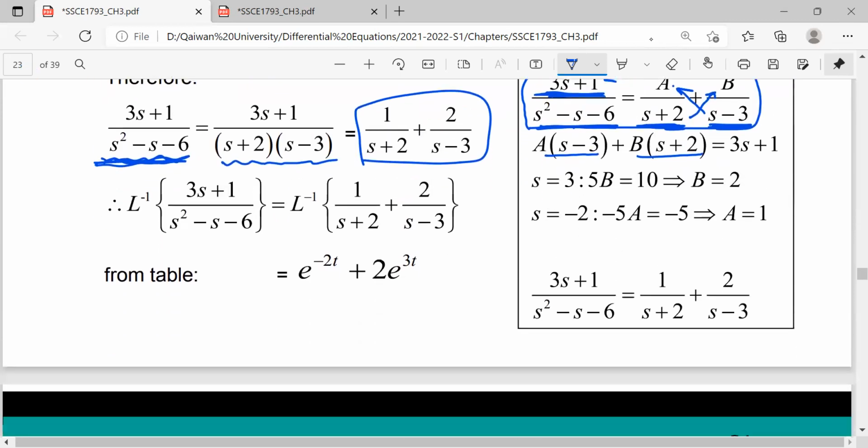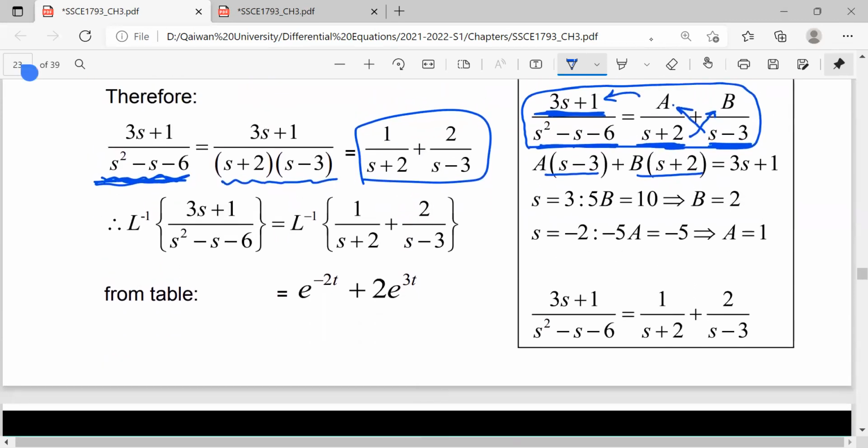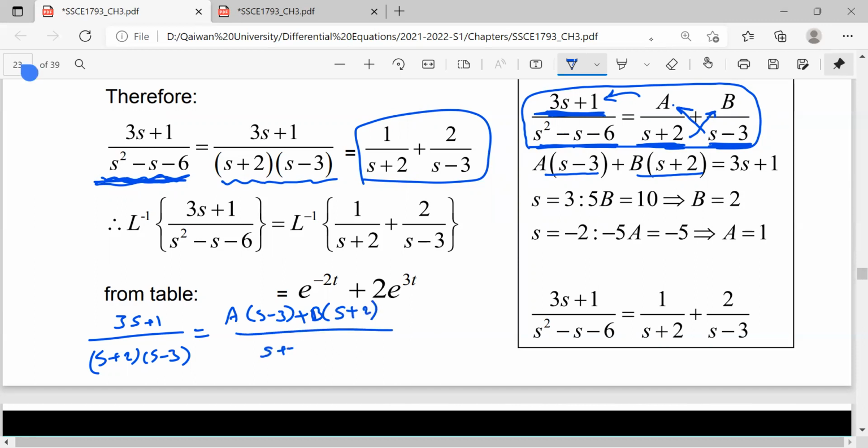So 3s plus 1 dividing by s plus 2, s minus 3 equals a times s minus 3 plus b times s plus 2, all divided by s plus 2, s minus 3.